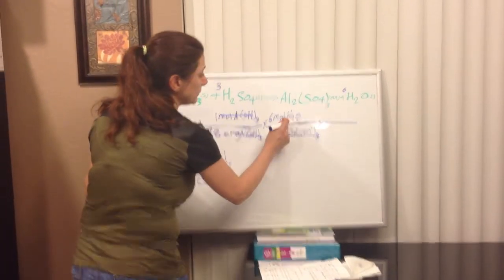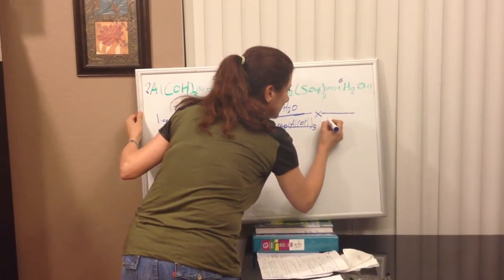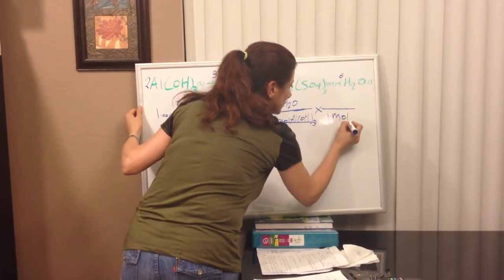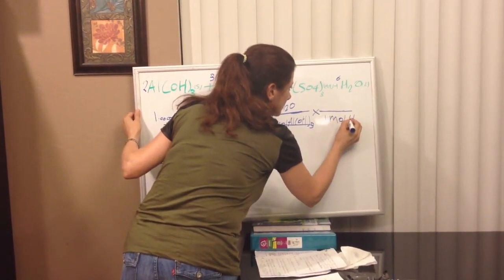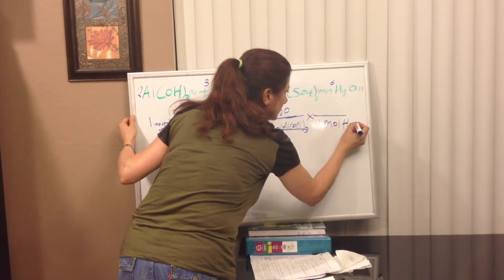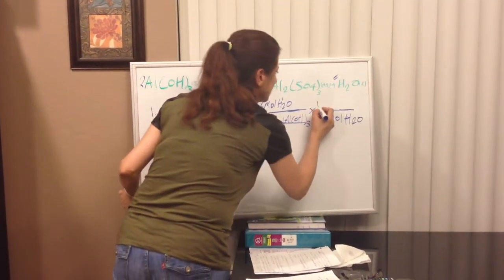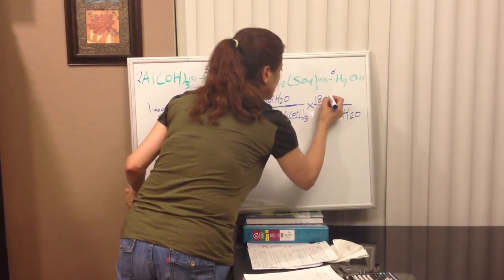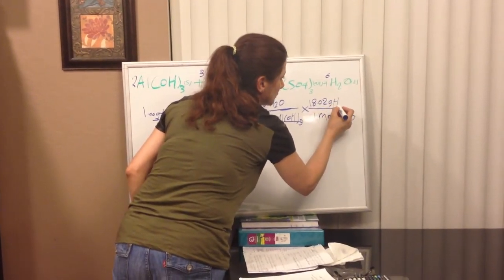Then 1 mole of water is 18.02 grams of H2O.